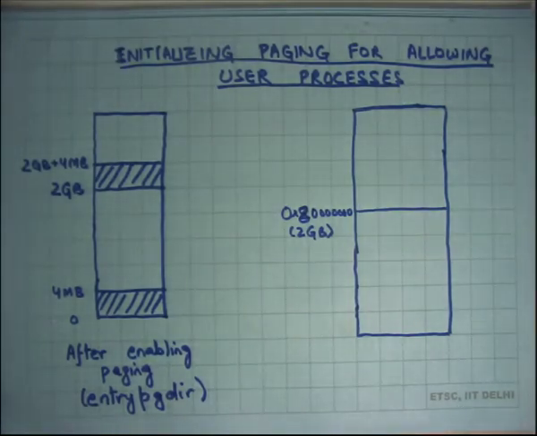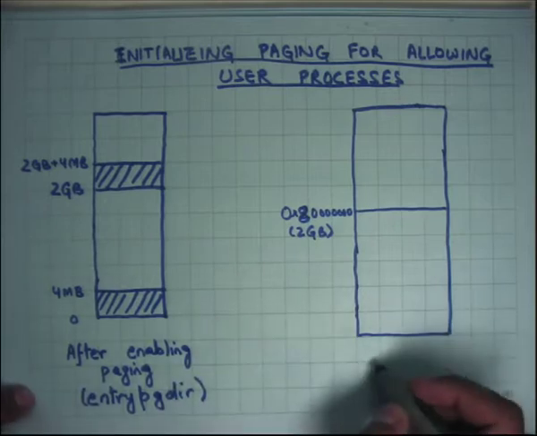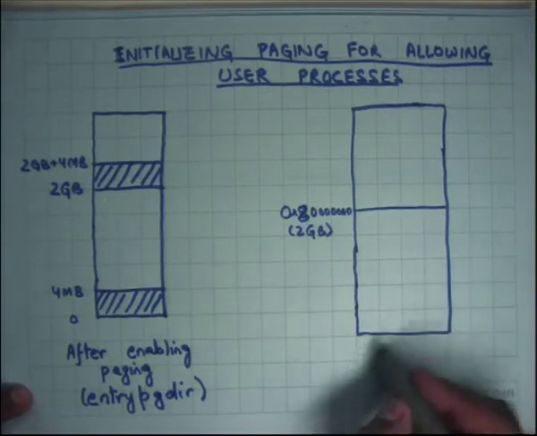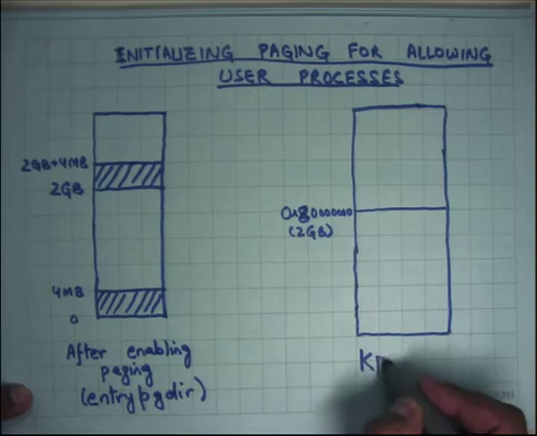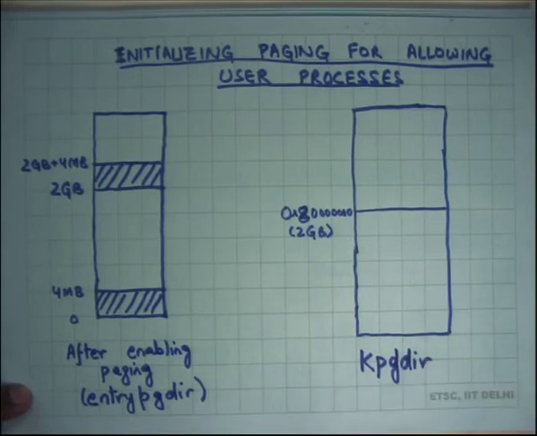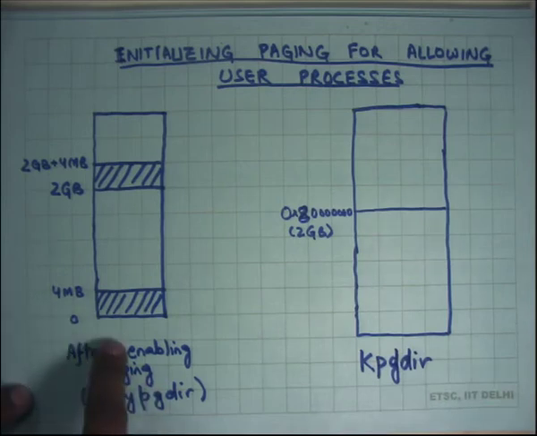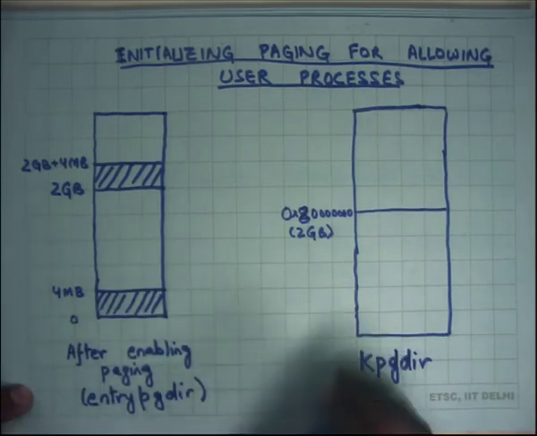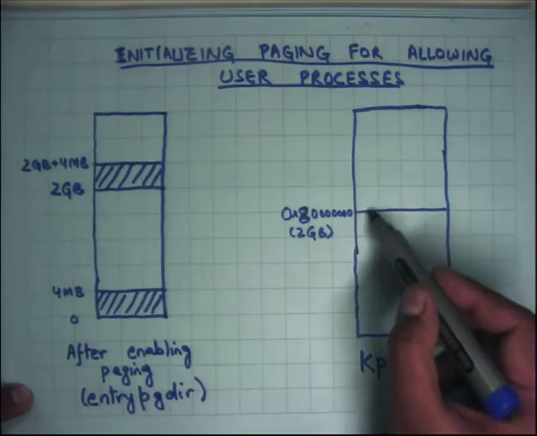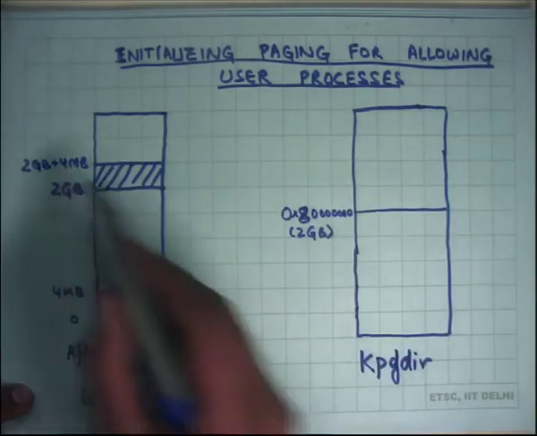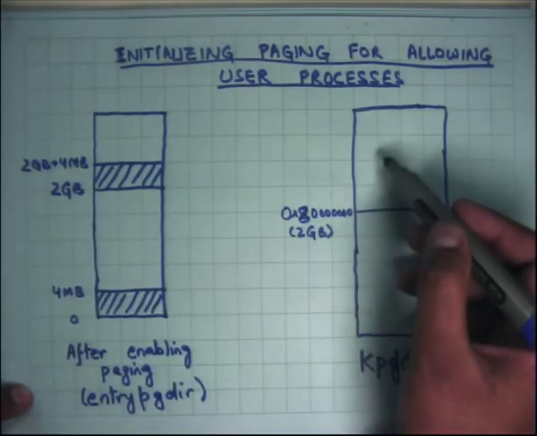Okay. So in this kernel page directory, let me call it K page dir, I want to switch from this address space to this address space. Right now it's just 2 GB plus 4 MB, and I'm going to map the entire physical memory from here.